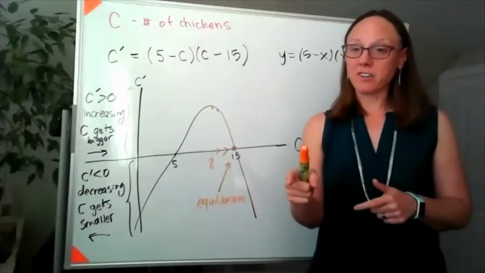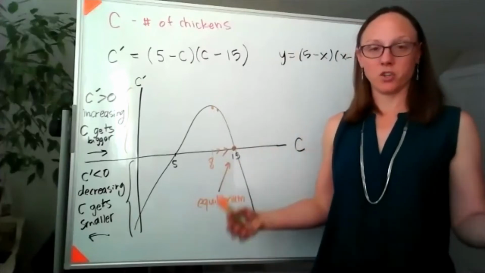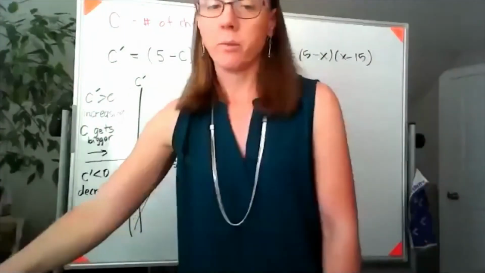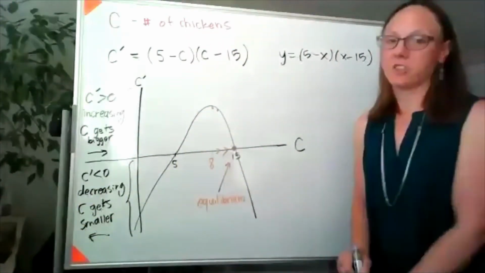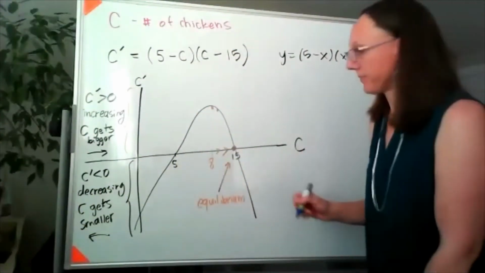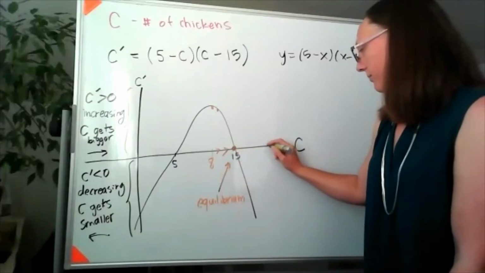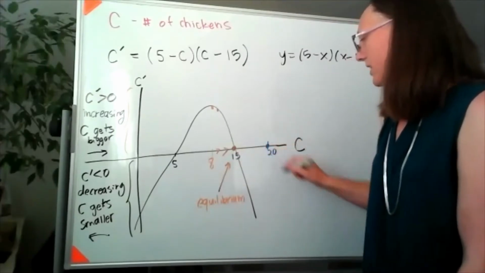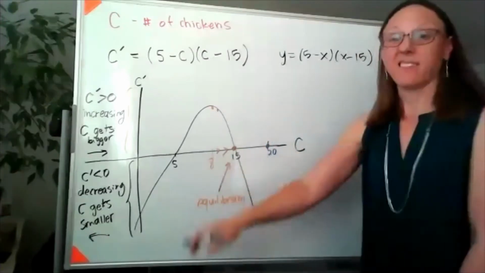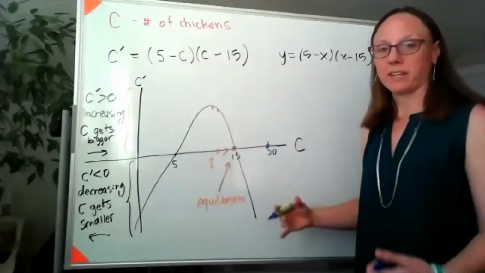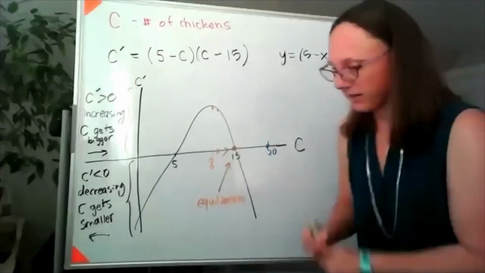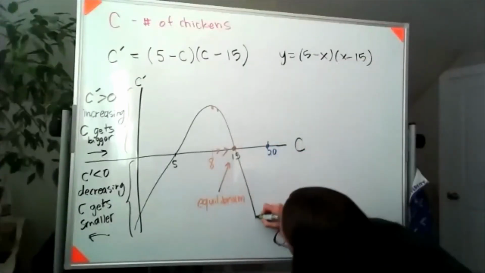Now, there were some other suggestions that popped up in terms of starting populations for our chickens. So let's suppose that our chicken population actually started off at 20. So 20 is over here. If that's my starting population for the chickens, then this curve tells me how the population changes. So I'd go to the 20 and I'd come down here, and it looks like I need to continue my parabola.